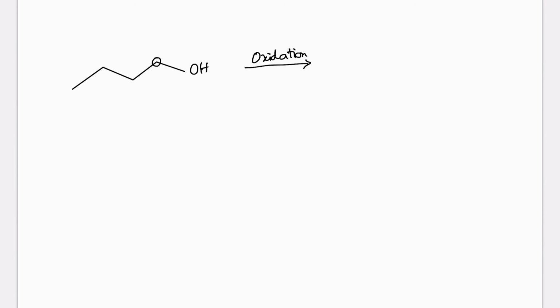The carbon is connected to only one more carbon, so it only has one R group, which means that this is a primary alcohol. I already told you primary alcohols undergo aldehyde formation. So what happens here is this alcohol basically creates a double bonded oxygen. That's it. This is your final compound.